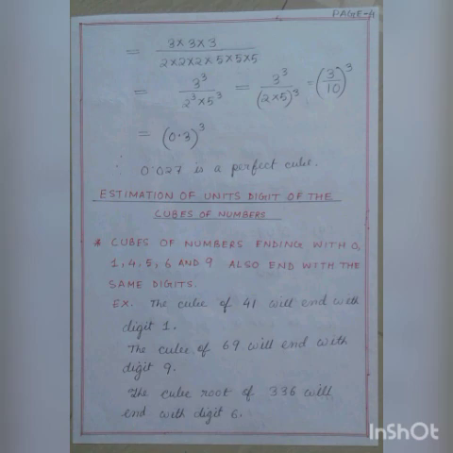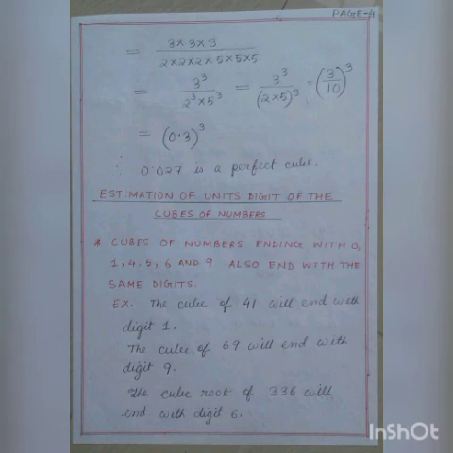I can write it as 3 to the power cube divided by 2 to the power cube into 5 to the power cube, which is equal to 3 to the power 3 divided by (2 into 5) whole to the power 3, (3 by 10) whole to the power 3. 3 by 10 is 0.3, so 0.027 I can write as (0.3) whole to the power 3. Therefore 0.027 is a perfect cube.